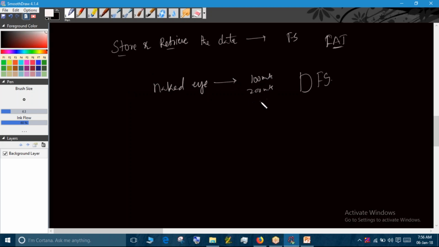You want to see beyond this? What is needed? You need binoculars. But with binoculars also we can see only to a certain extent, maybe 1 or 2 kilometers.